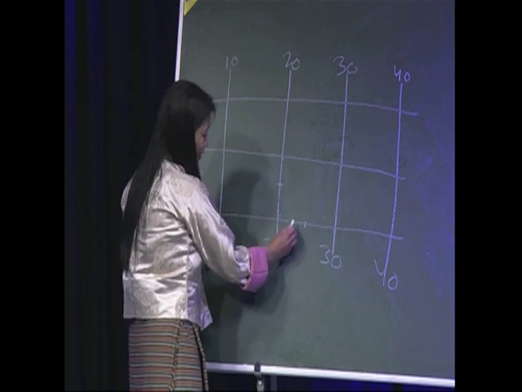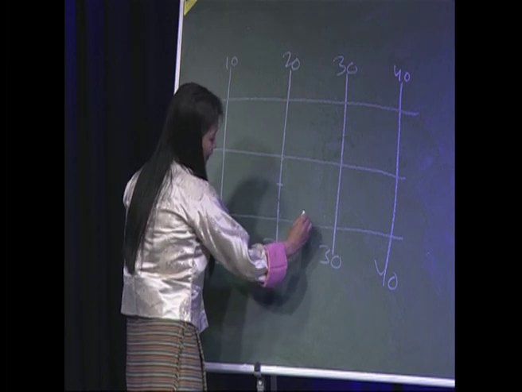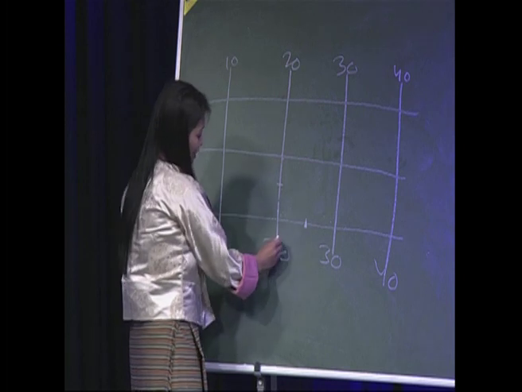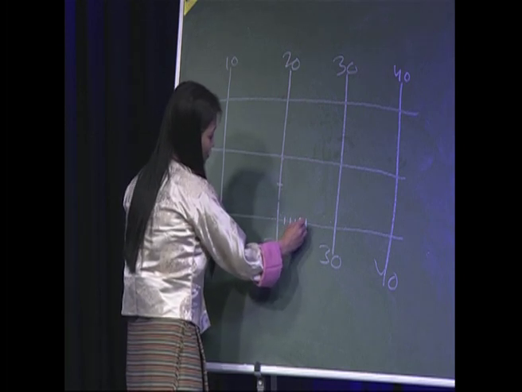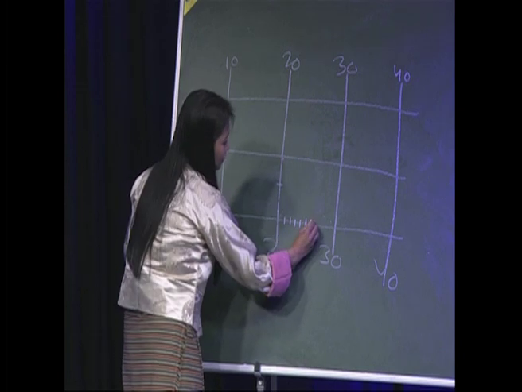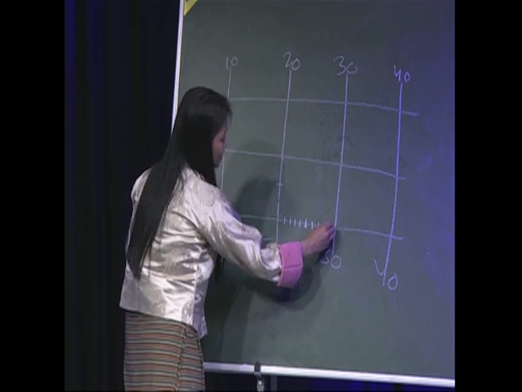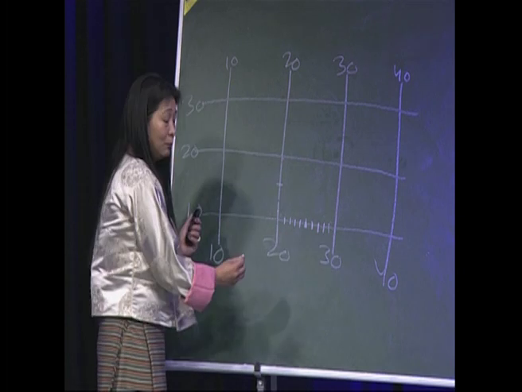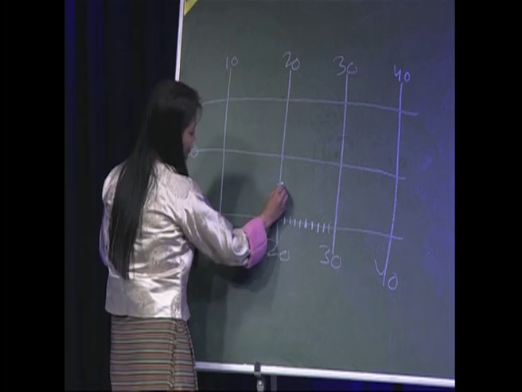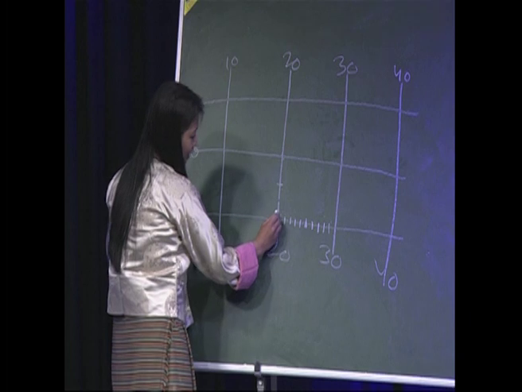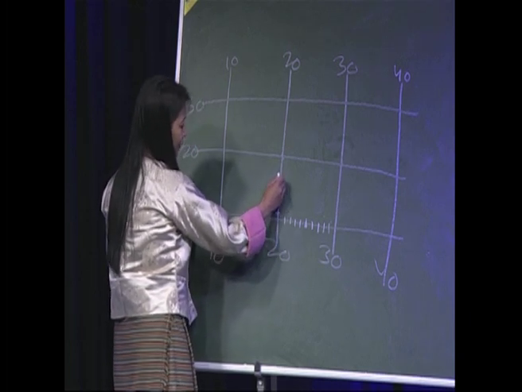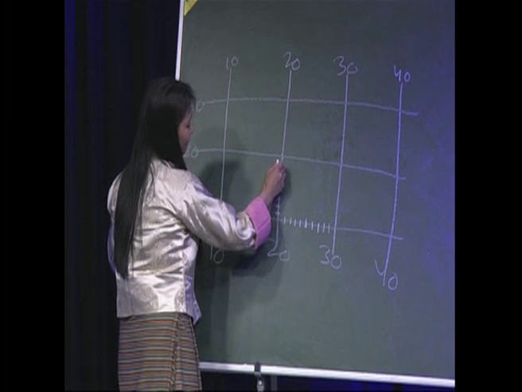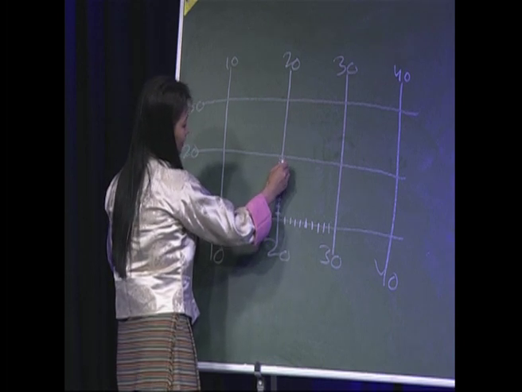This is at the center, so it's half. So you start 20, 21, 22, 23, 24, 25, 26, 27, 28, 29, 30. Same way you go up. This is halfway. So 20, 21, 22, 23, 24, 25, 26, 27, 28, 29, 30.